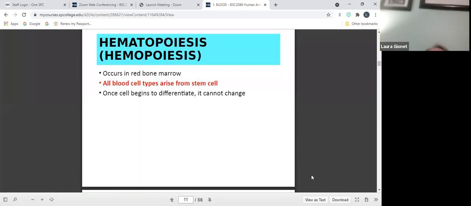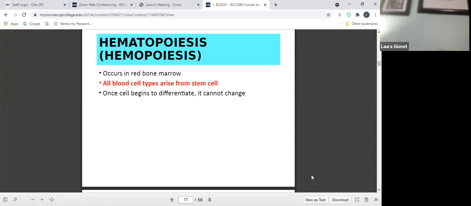Okay, so hematopoiesis is the formation of our blood cells, red blood cells specifically. All blood cells are formed in red bone marrow. Remember in A&P 1 we talked about spongy bone, and said that there are two major components of spongy bone: trabeculae and red bone marrow.